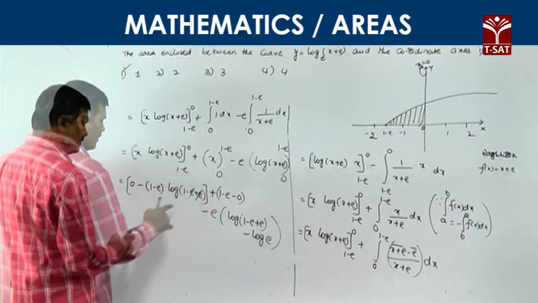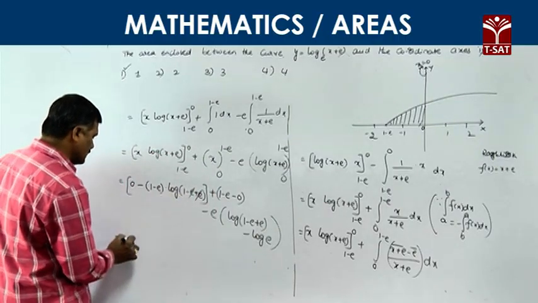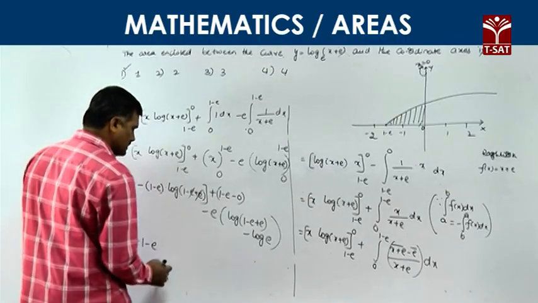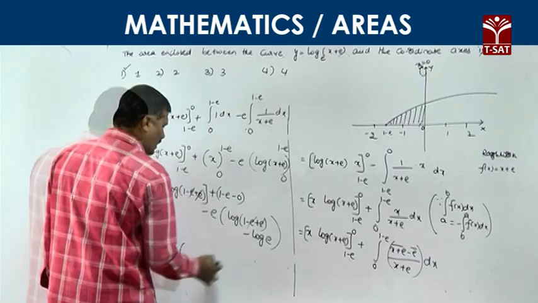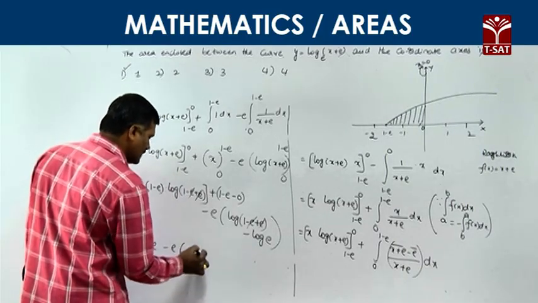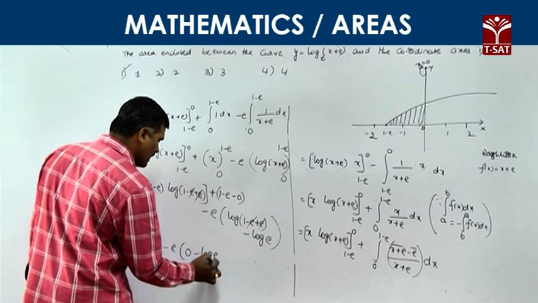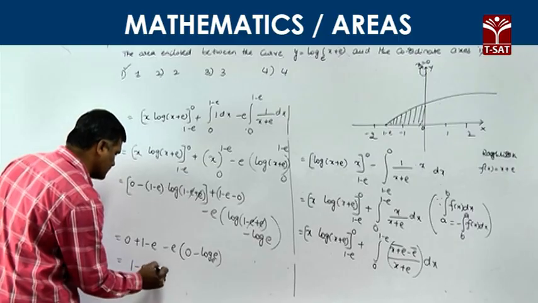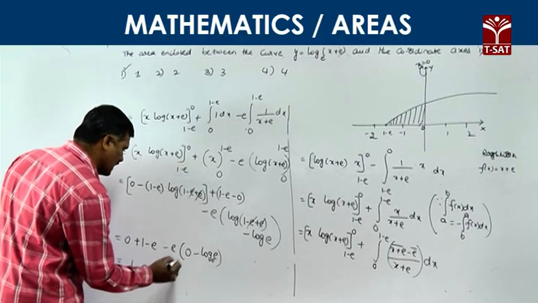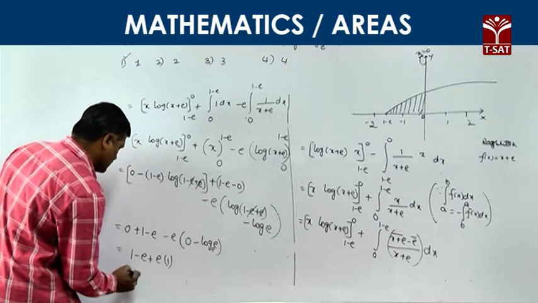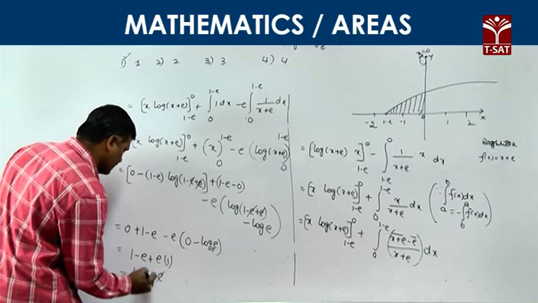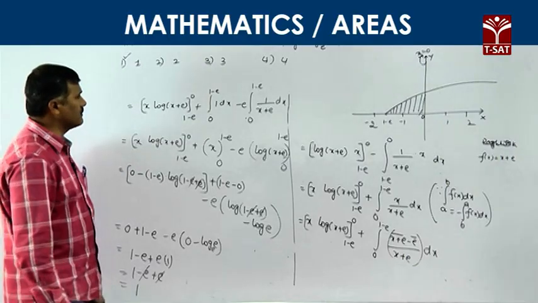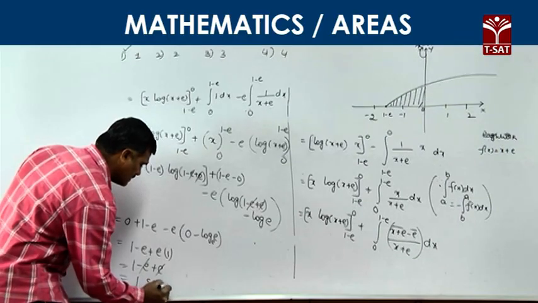That is equal to log 1 is 0, 0 into anything is 0, minus 0, 0, plus 1 minus e. Next, minus e into log 1 is 0, minus log e base e is 1. That is equal to 1 minus e minus of minus plus e into log e base e is 1, that is equal to 1 minus e plus e, that is equal to 1, which is the required solution of the given problem, in square units.